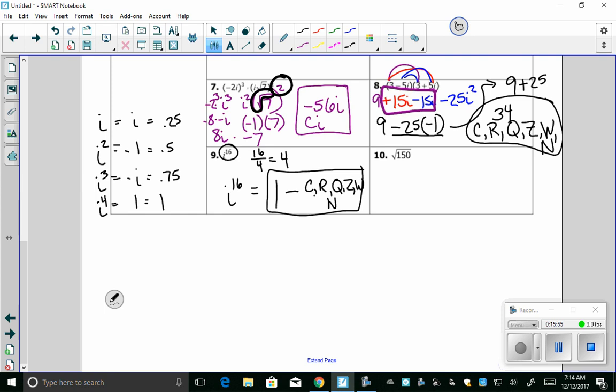Number 10. Square root of 150. Remember, I have to find the biggest perfect square that will go into 150, because 150 is not a perfect square. So I have to split it up. The biggest perfect square that I found that went into 150 was 25.